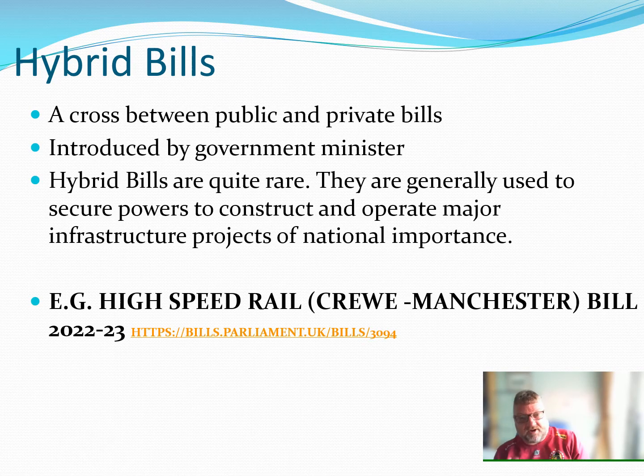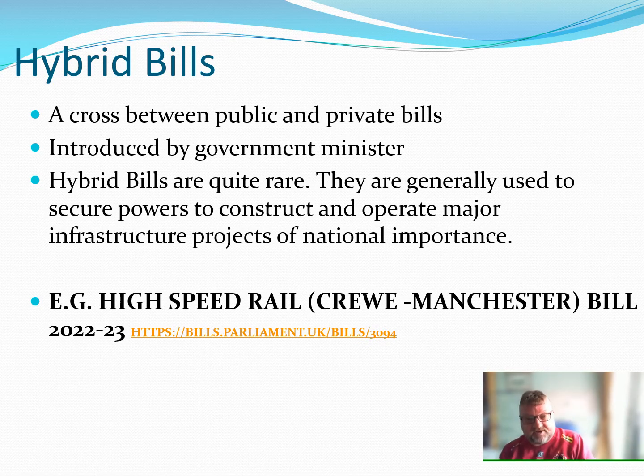And the best one I can use is, we've talked about high-speed rail links being in the news recently, HS2. Currently going through Parliament at the moment, so it's not been approved yet, is the High Speed Rail Crewe to Manchester Bill.